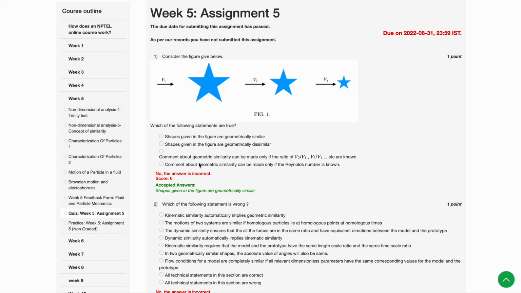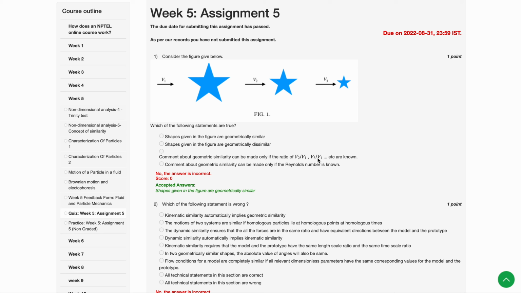See, v1, v2, v3 are the velocities, so they are associated with the kinematics of the problem. You don't need the information about the velocities to say whether they are geometrically similar or not. Comments about geometric similarity can be made if the Reynolds number is known.